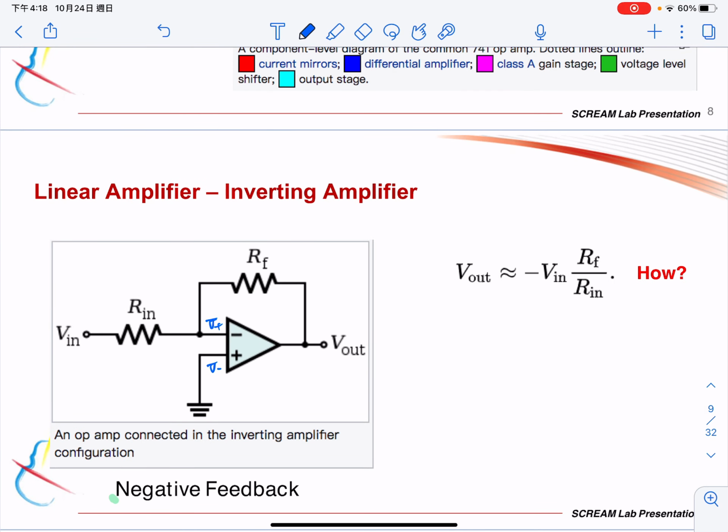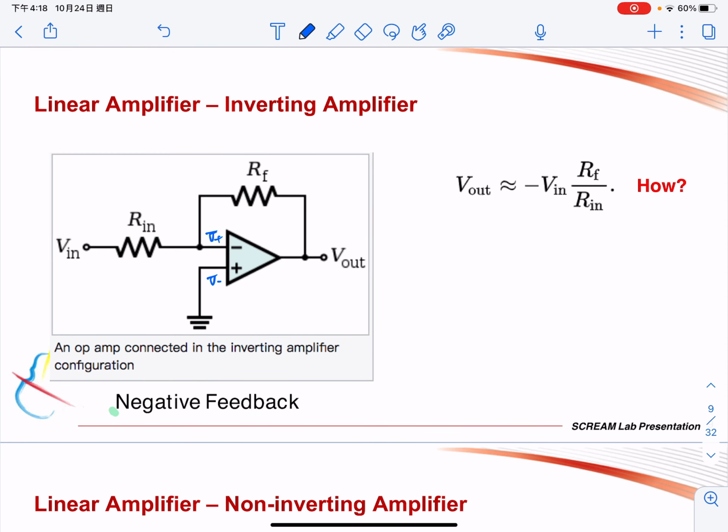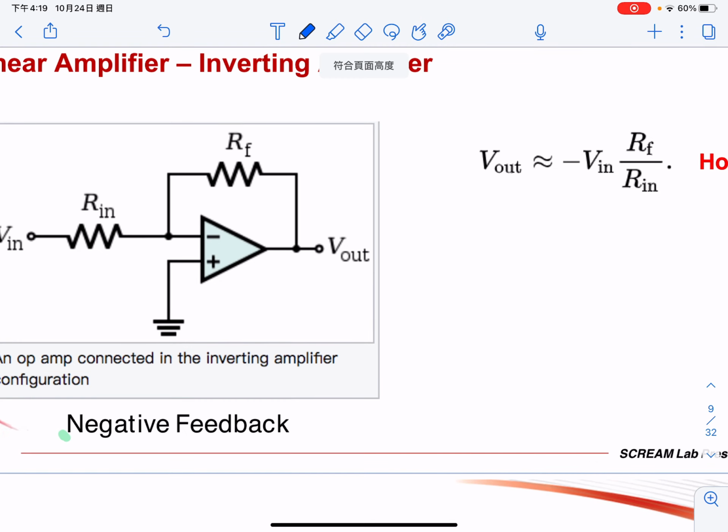And why does the operational amplifier have the characteristic that the amplification factor can be solely defined by its peripheral passive elements? For example, we use this one as an example.